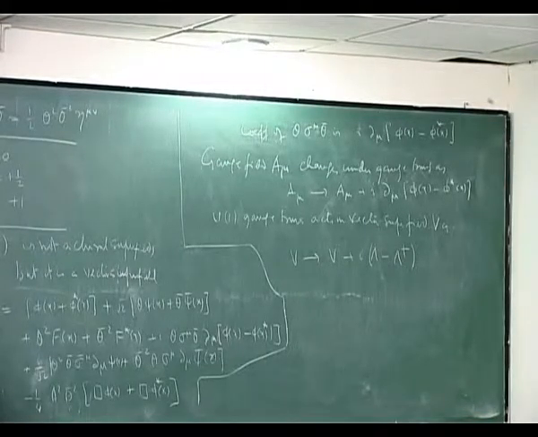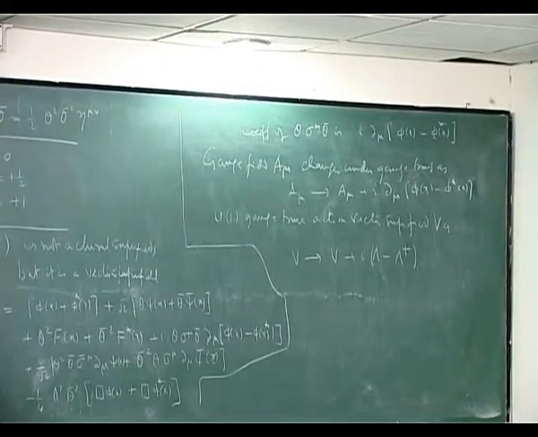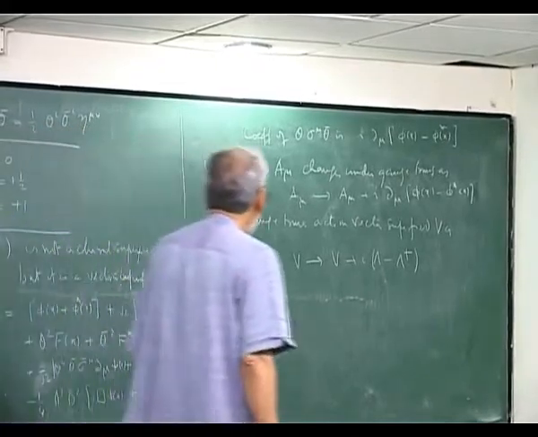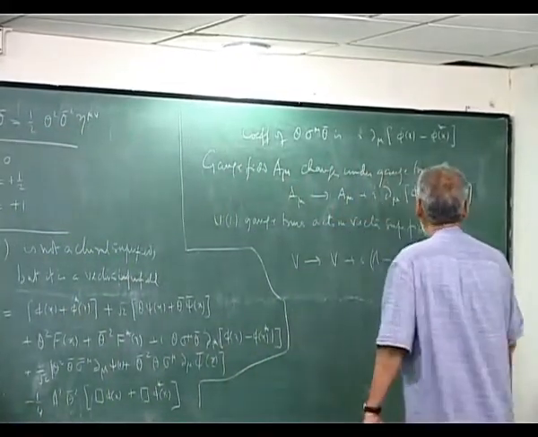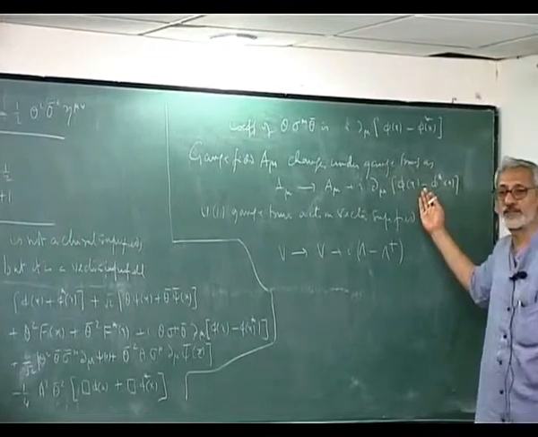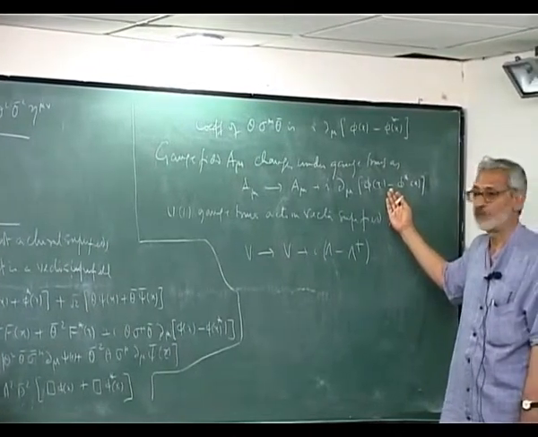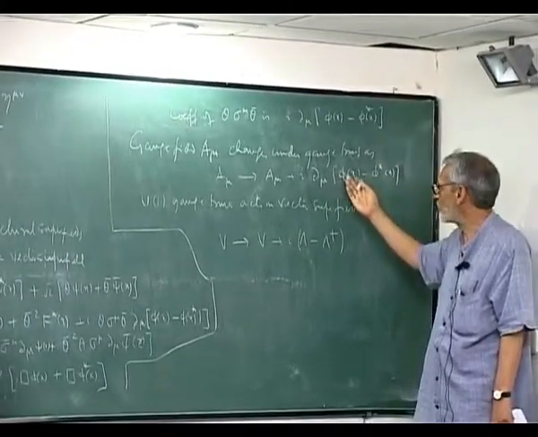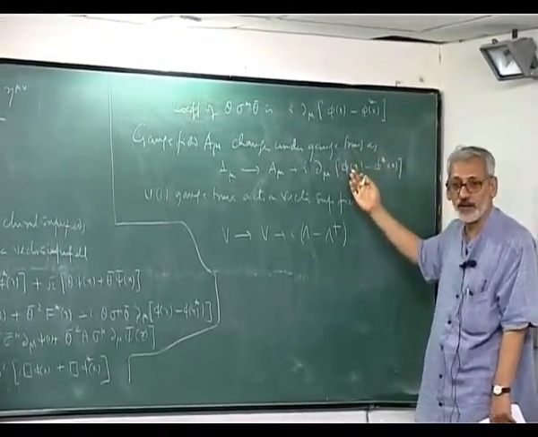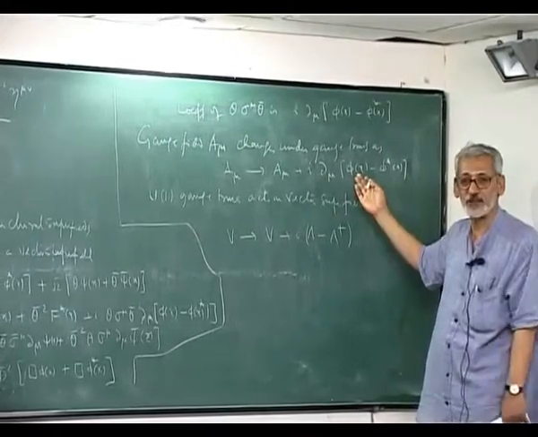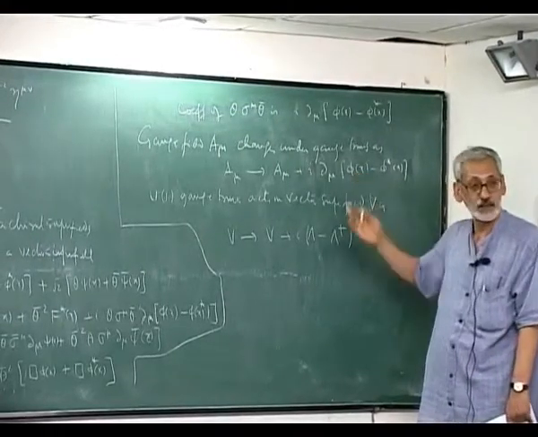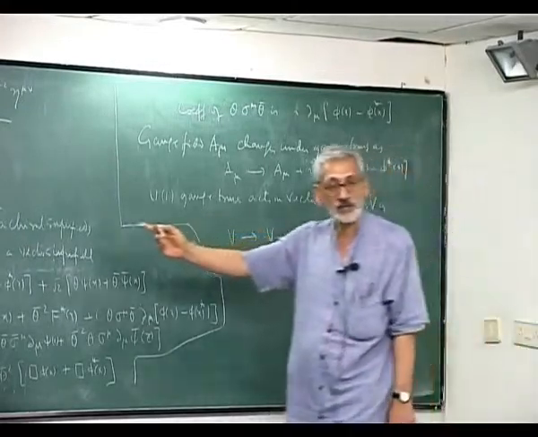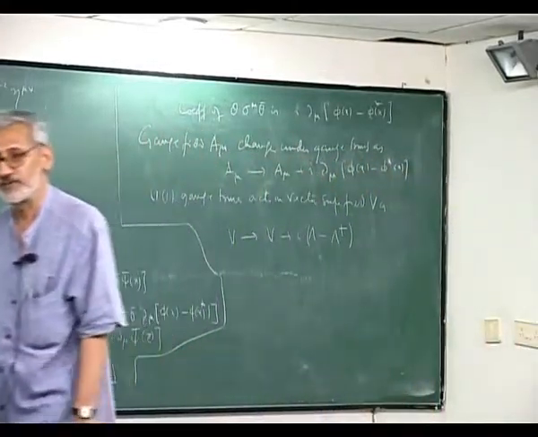And this also tells us why I chose lambda to be dimensionless, mass dimension 0, because this transformation parameter is supposed to be mass dimension 0. Generally we call it theta, d mu of theta, some theta, which is the gauge transformation parameter, that is supposed to be mass dimension 0. And that's the reason why we constructed lambda to be of mass dimension 0.